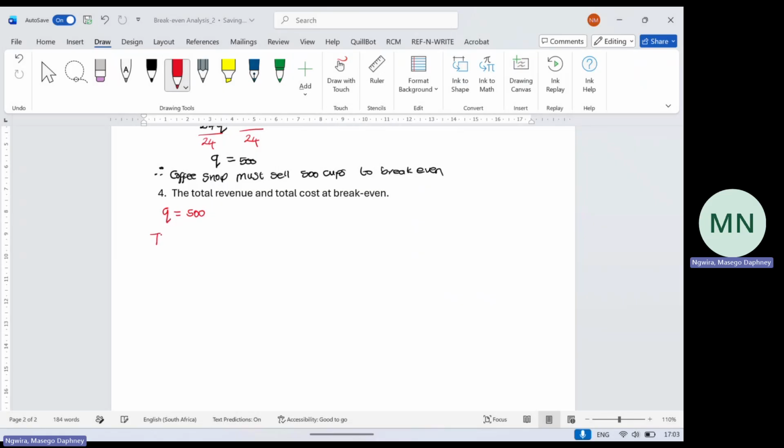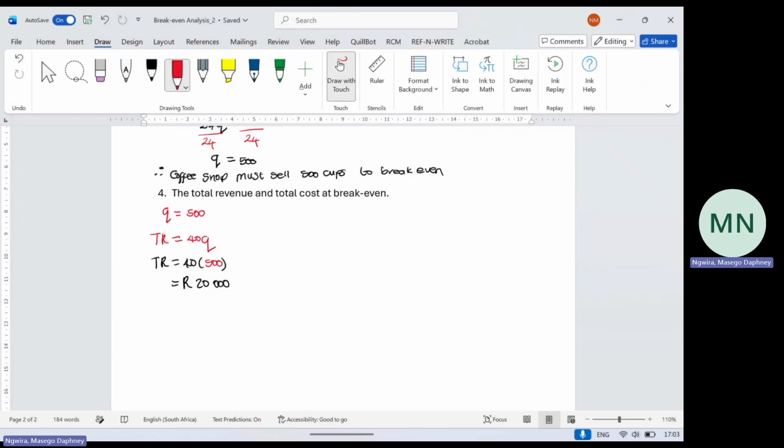The formula is 40Q. Wherever we see Q, we put 500. So this is 40 times 500, and our answer is 20,000 Rand. So we need a total revenue of 20,000 Rand.